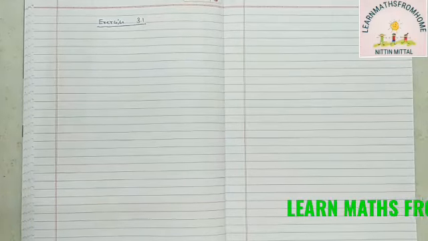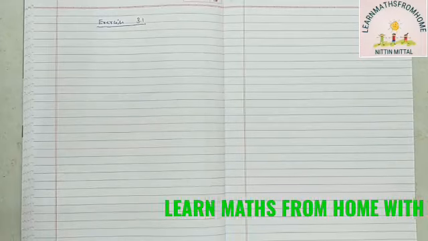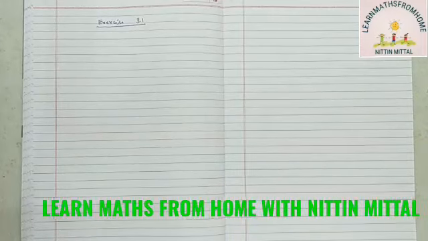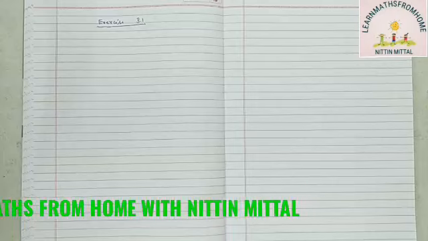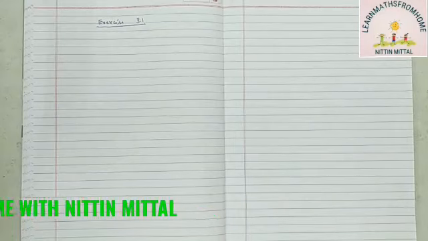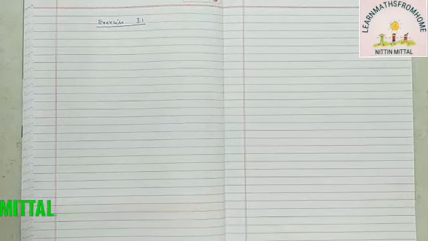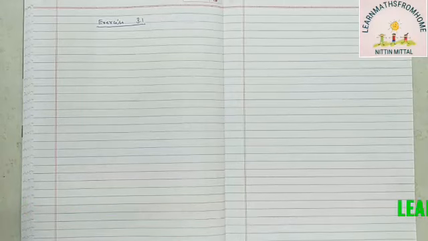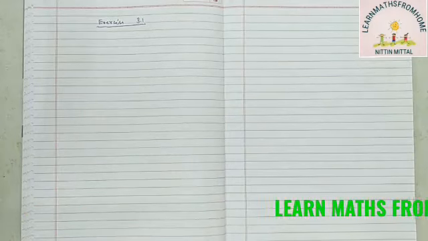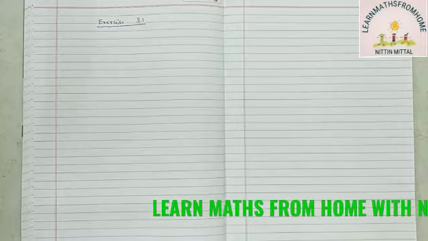In age problem questions, whatever persons are involved, we always suppose the ages, the present ages of those persons. We are supposed to take present ages.